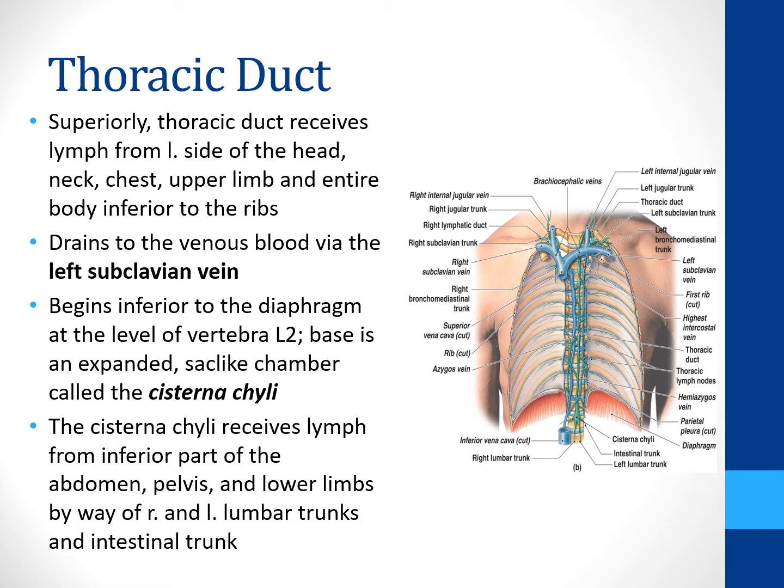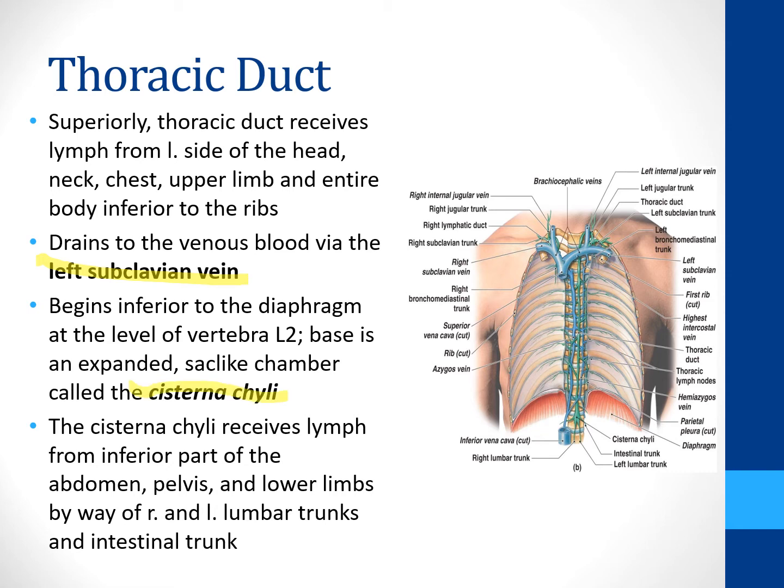Again, the thoracic duct is going to drain the left side of the head, neck, chest, upper limbs, and the entire body inferior to the ribs or inferior to the diaphragm. And it's going to drain into the left subclavian vein. It begins inferior to the diaphragm around L2. And where it begins, there's an expanded chamber called the cisterna chyli.